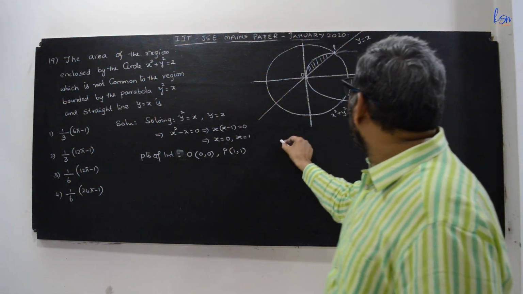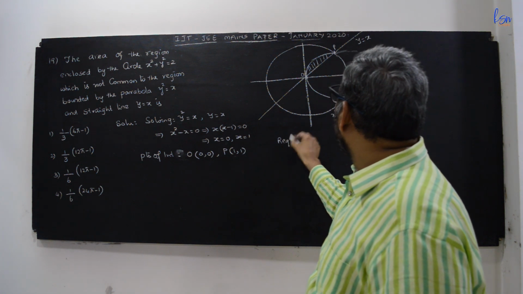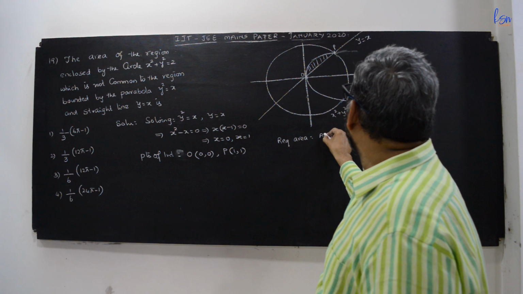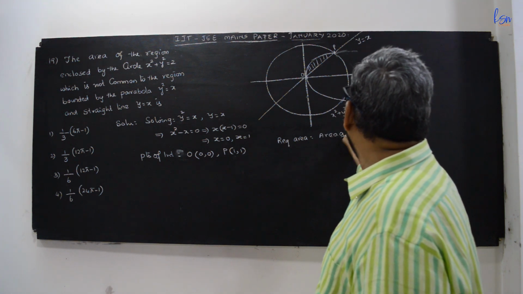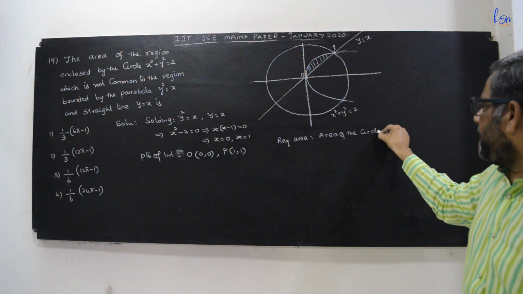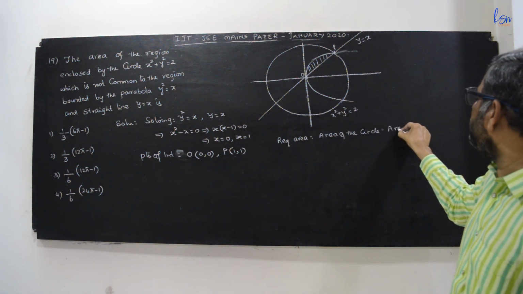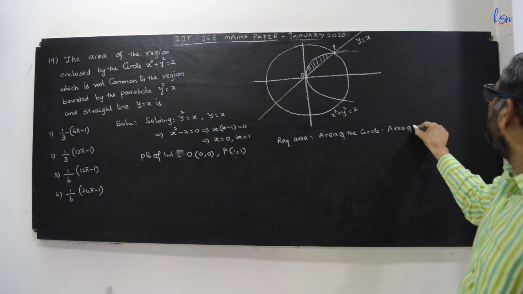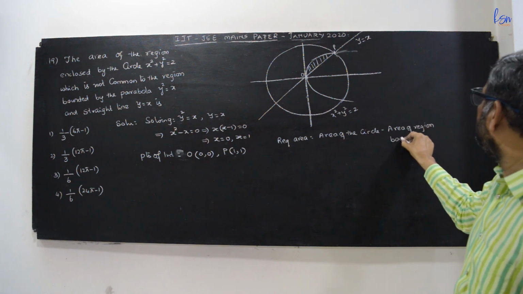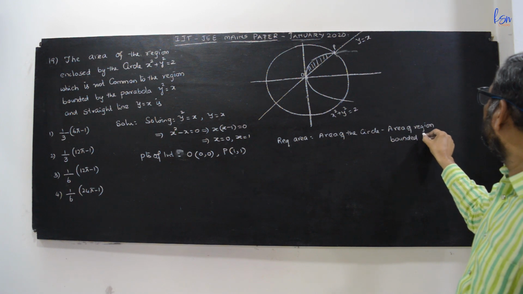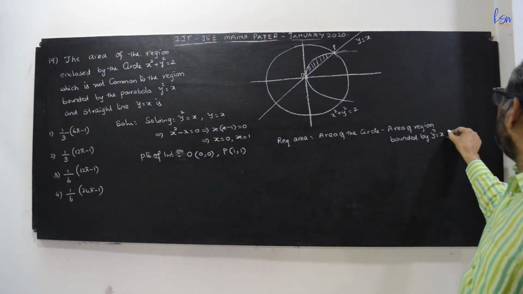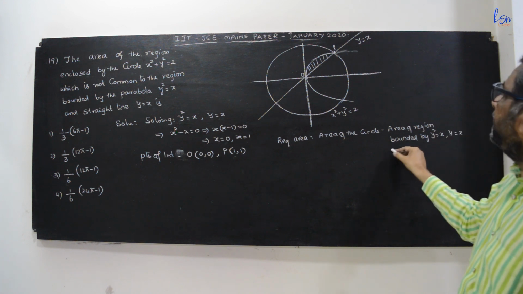That means the required area is equal to the area of the circle minus the area of the region bounded by y square equal to x and y is equal to x.